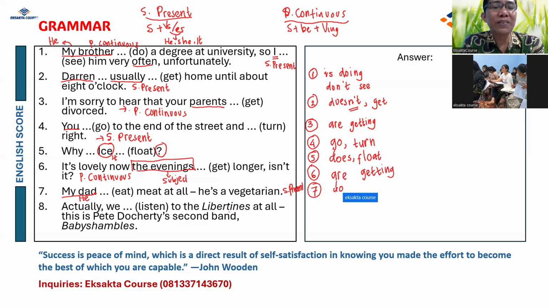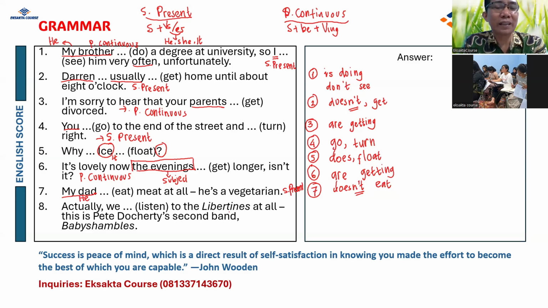And if you use does or doesn't, you may not use s, even though the subject is she, he, it. So my dad doesn't eat meat at all. He is a vegetarian. Don't use eats because we already use does.